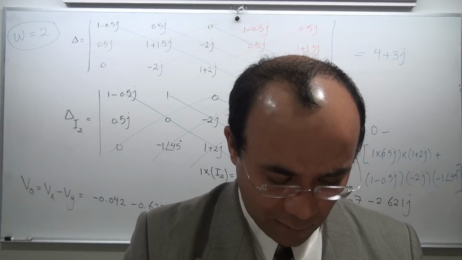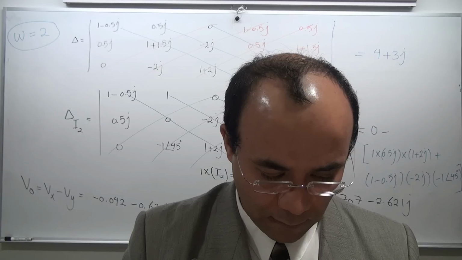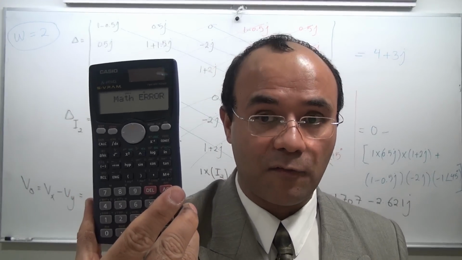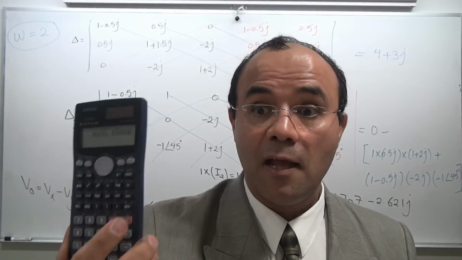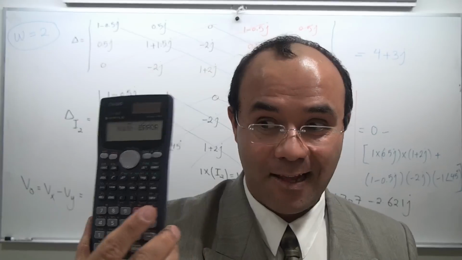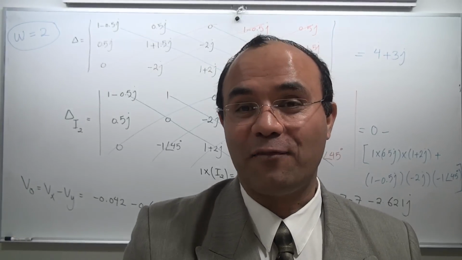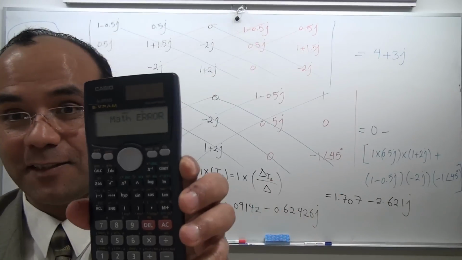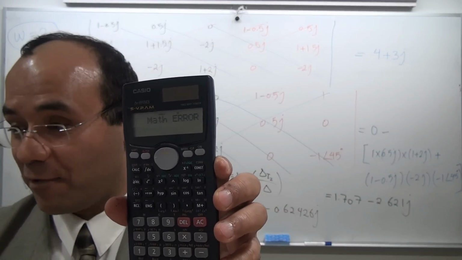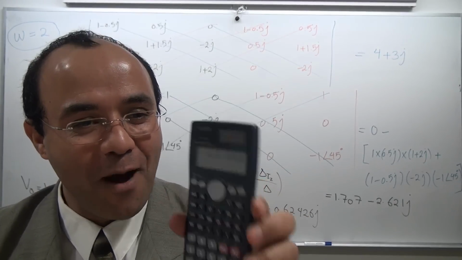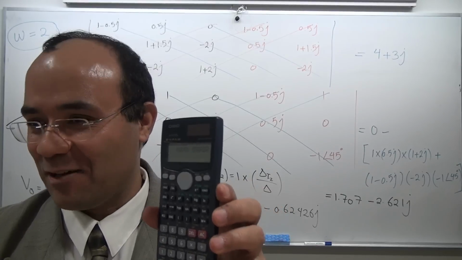Mine gives me a math error. Minus 1 angle 45 doesn't give you the right answer. You need to make sure your calculator is actually the approved one. This approved Casio doesn't accept that. You have to say 0 minus 1 angle 45.